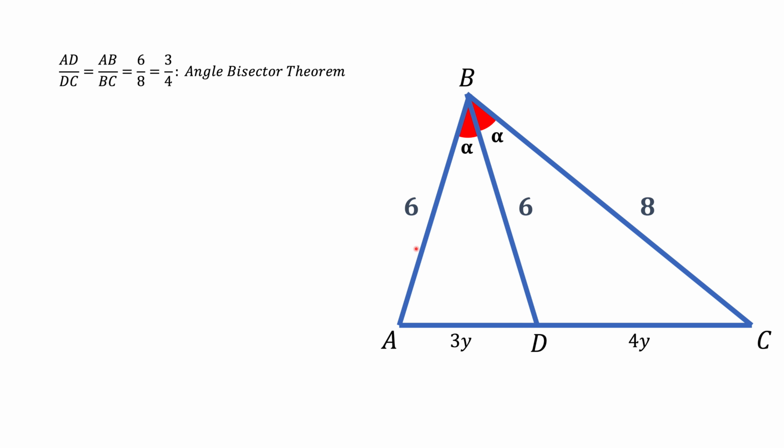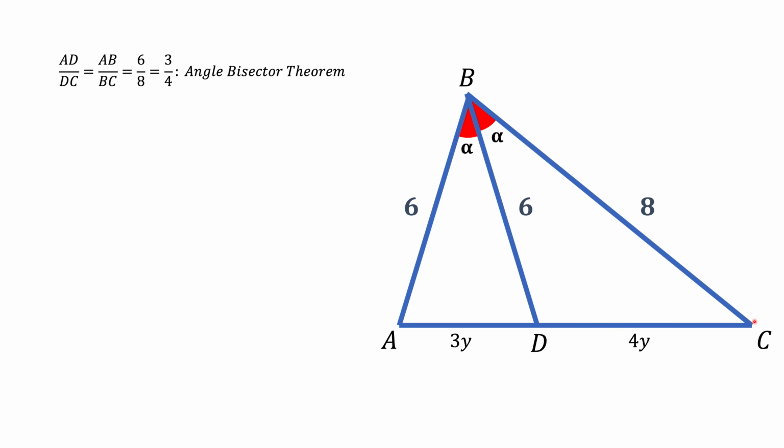The next thing I see here is that we have two triangles, ABD, the left triangle, and the right triangle, DBC. We know two sides of each of those triangles. We know the angles between them are congruent. And we are looking for the third side.